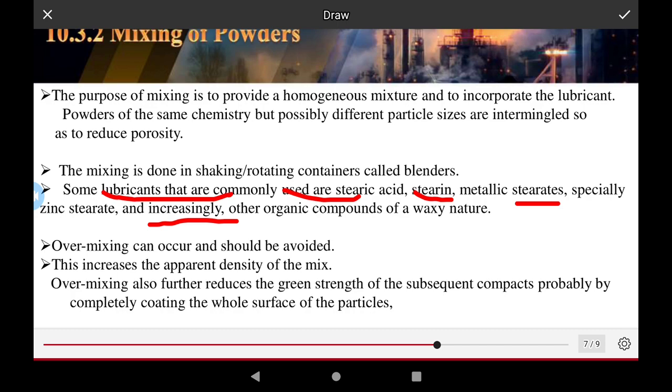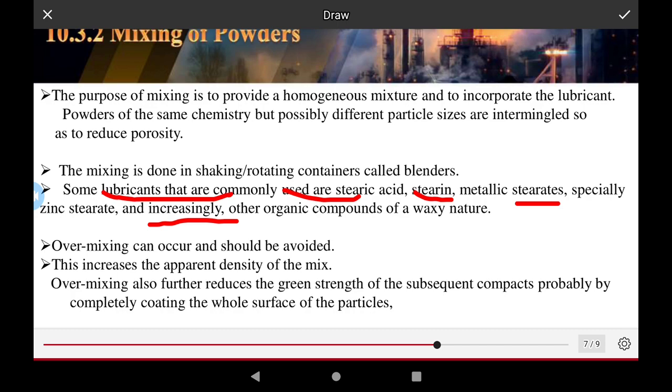This operation is required for other component mixing in the powder. Over-mixing should be avoided in the operation.